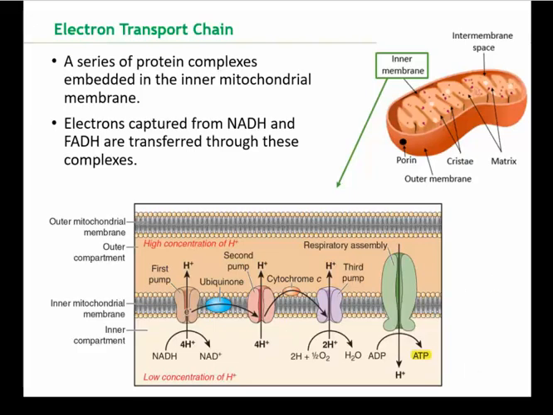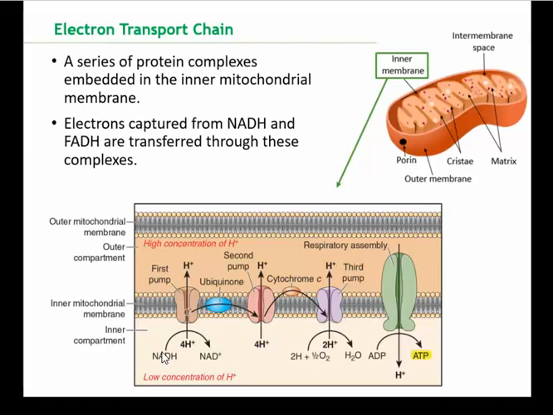Actually, I'll just go over everything here. We already know we're going to be working with the outer and inner membrane space, which I just described, and we'll talk about the pumping of those hydrogens. The electrons carried by NADH enter the electron transport chain first, prior to this first pump.